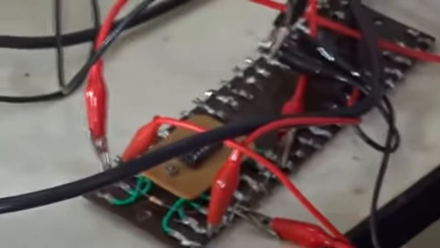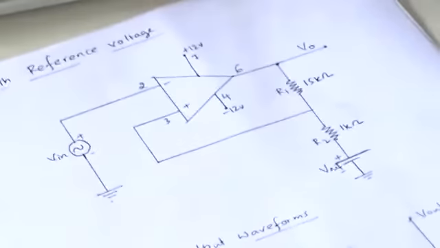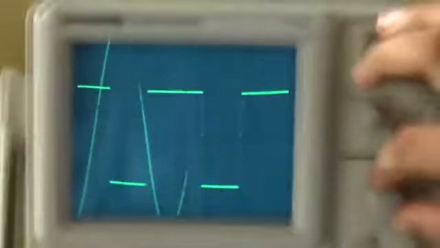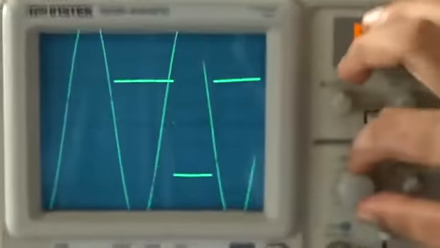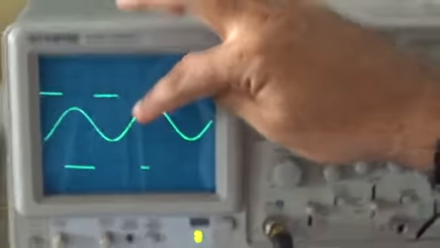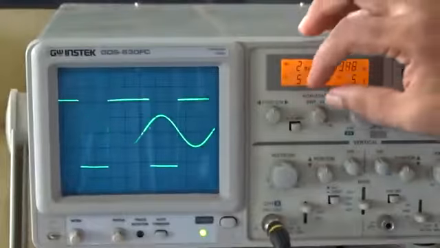And so everything is the same. Pin number 6 is the output here. The CRO probe is connected to pin number 6. So you can observe the output here. So here are the UTP and LTP points.